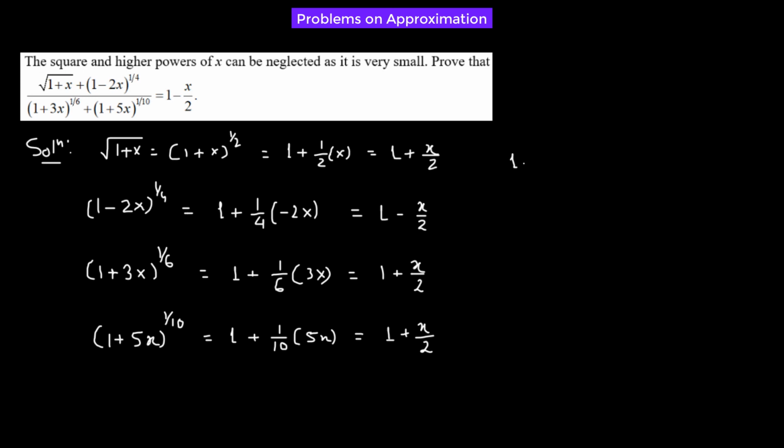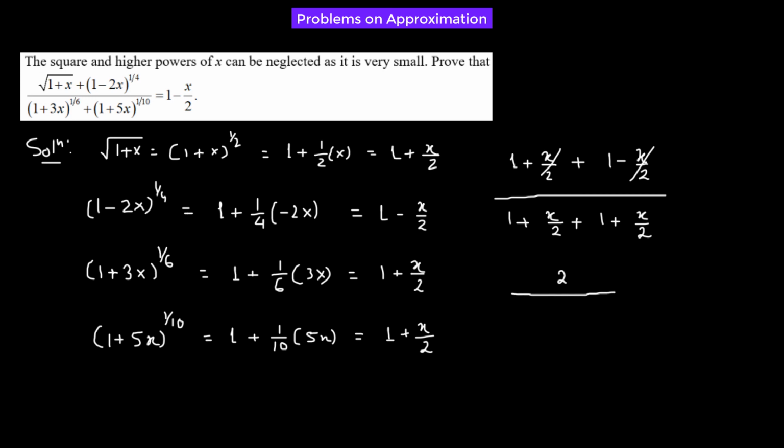Now let us substitute all these values into the given expression on the left hand side. That would give us 1 plus x over 2 added to 1 minus x over 2, divided by 1 plus x over 2 plus 1 plus x over 2. Now x over 2 and negative x over 2 will cancel out, leaving us with 2 in the numerator, divided by 2 plus half of x added to half of x, which will be simply x.